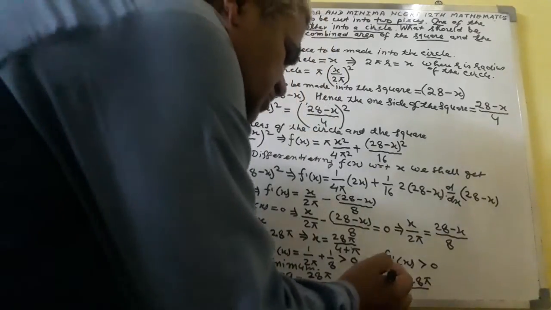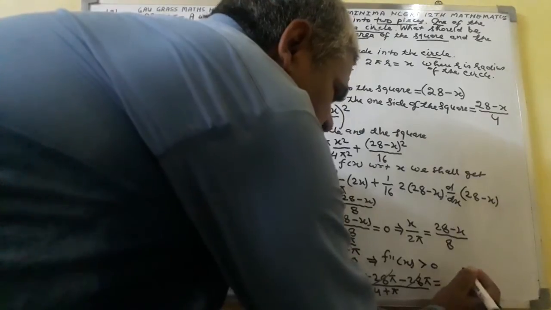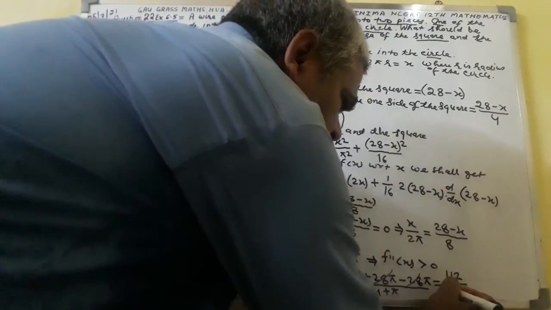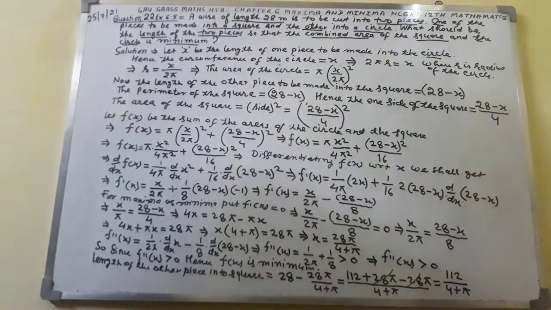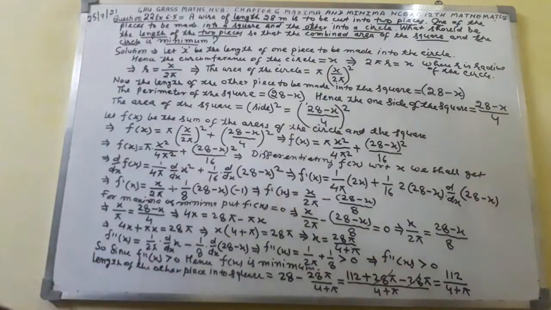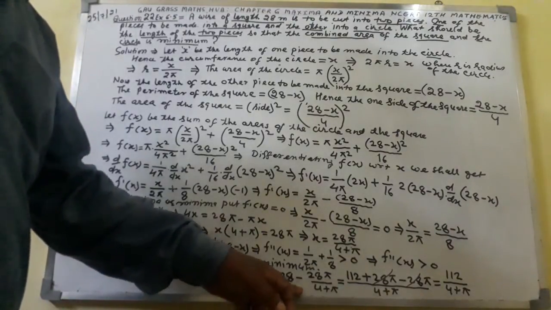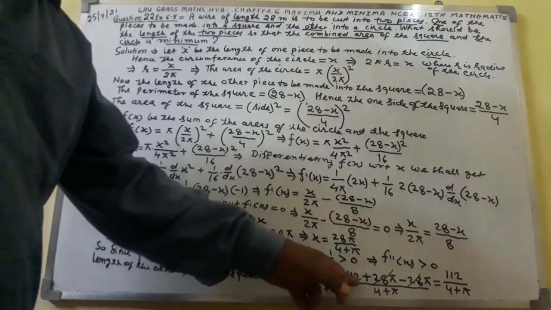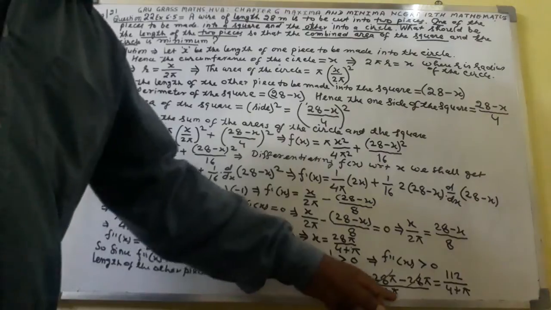So this plus 28 pi minus 28 pi will be cancelled out. So we will get here 112 whole over 4 plus pi. I shall write: the length of the other piece into square equal to 28 minus 28 pi over 4 plus pi equal to 112 plus 28 pi minus 28 pi whole over 4 plus pi.